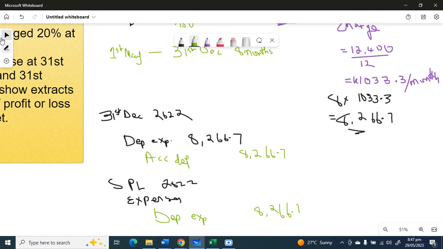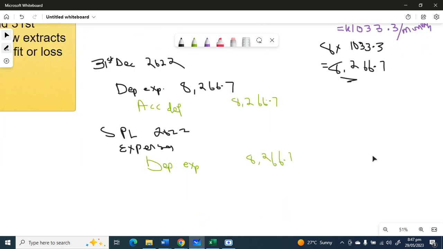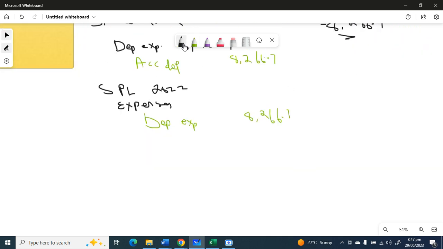Then on the balance sheet, or statement of financial position for 2022, you're going to have cost, accumulated depreciation, net book value.